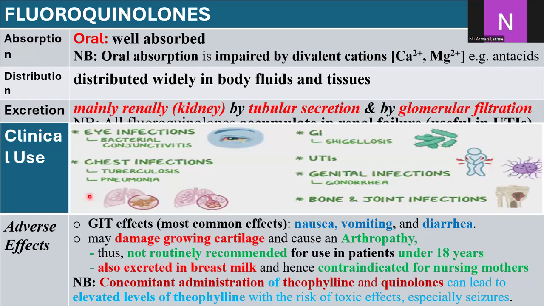When it comes to distribution, fluoroquinolones are distributed very well in the body fluids and in tissues. They also concentrate, especially in the renal system, and so are very useful in urinary tract infections. They are eliminated mainly by the kidney.